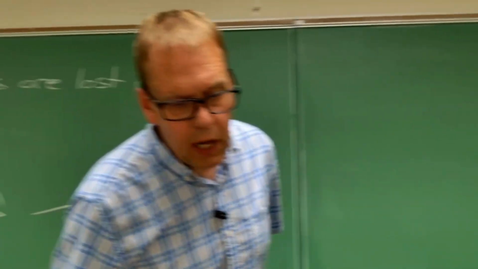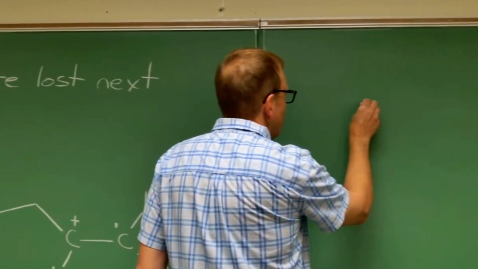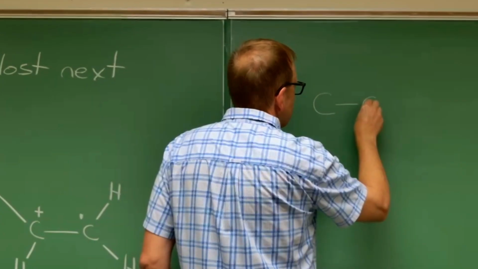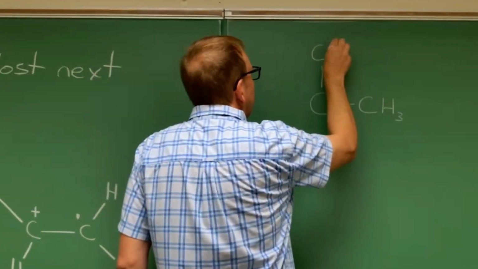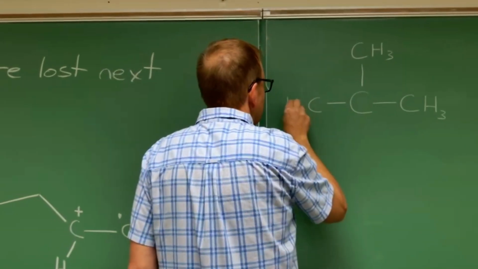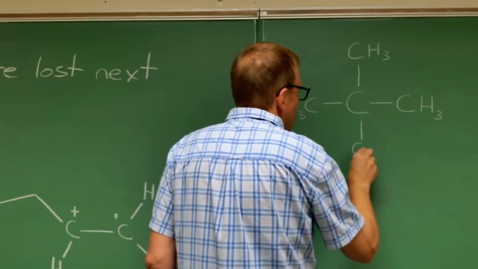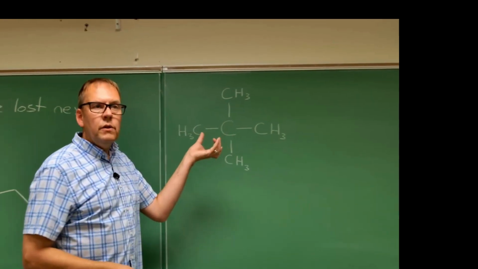Here's an example of a molecule that contains just sigma bonds. So this molecule is going to be an alkane, and this is just a representative example. But it's a molecule that just has sigma bonds.